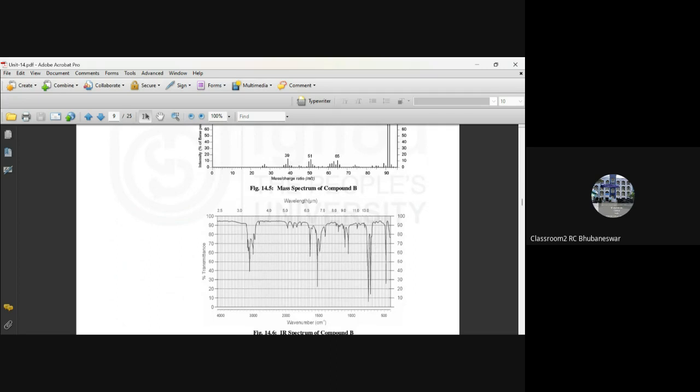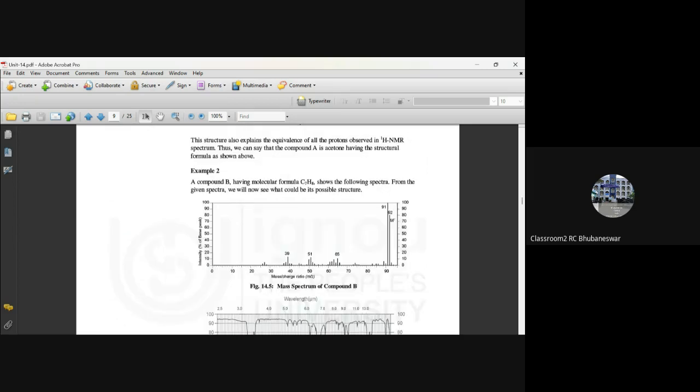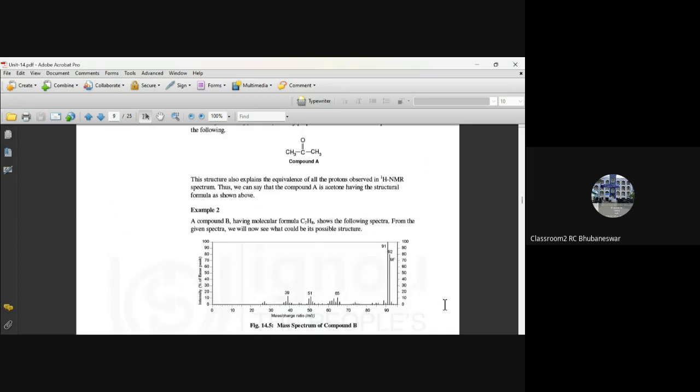Then if you see the IR spectrum, where you are getting the intense peaks, accordingly you can say whether C7H8 is an alkyne, alkene or alkane. You can predict that.